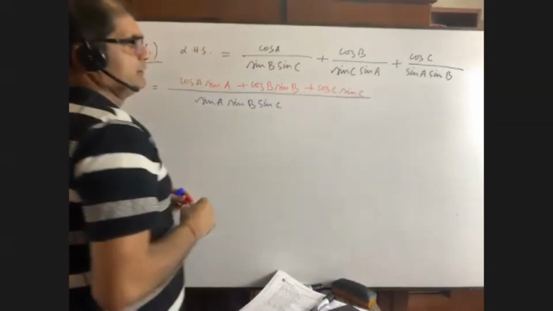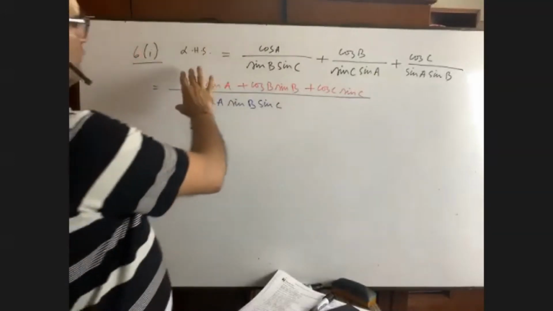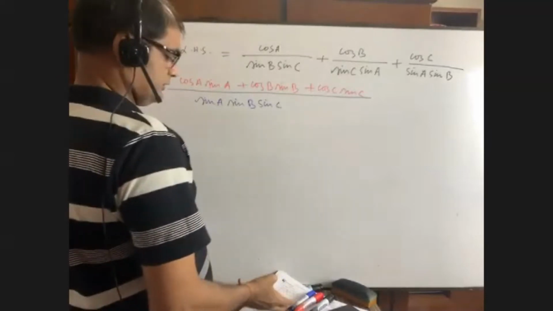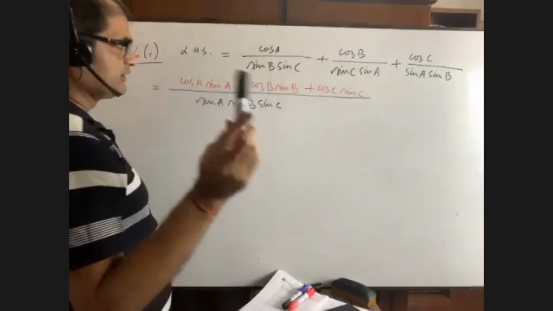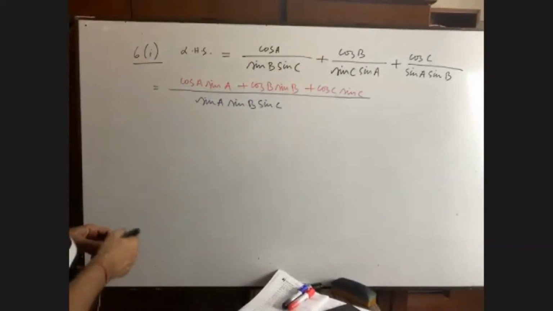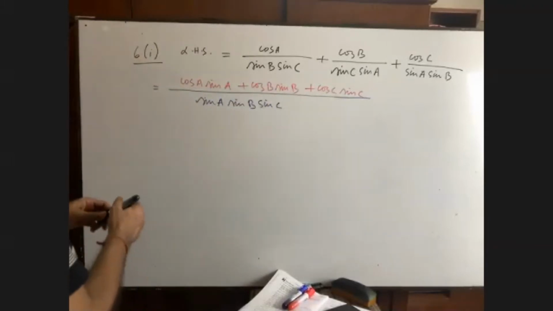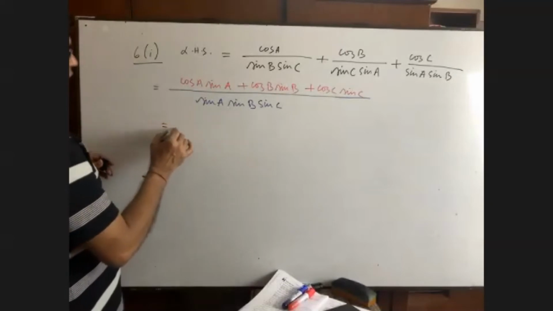Now we see it is not in the formula. We don't know any formula regarding this. Yes, the reciprocal. Yes, you're right. If I multiply all the terms of numerator and denominator by 2, then yes, we can put it into the formula.